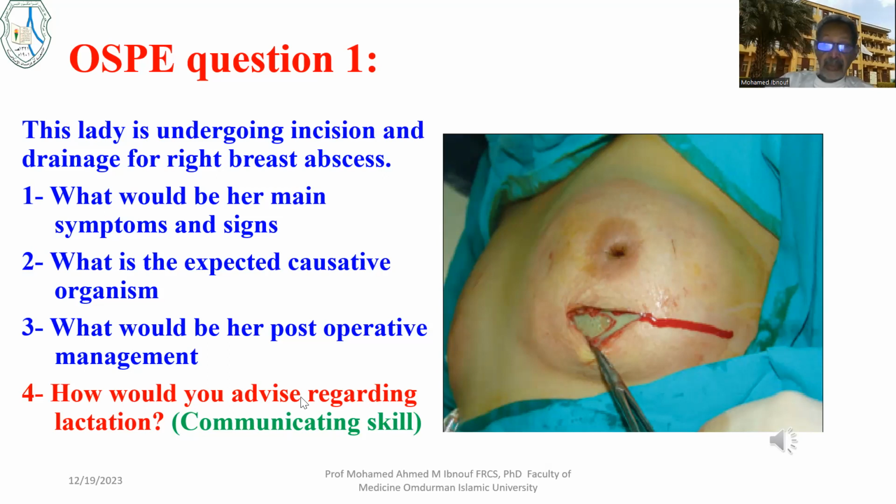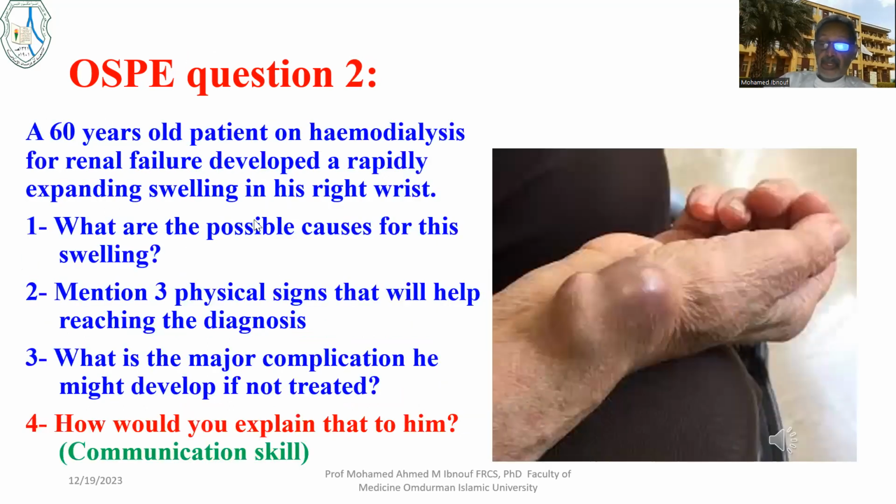It is rather difficult. And the second question is that this is a 60-year-old patient who is on hemodialysis for renal failure, and he developed a rapidly expanding swelling in the right wrist. What are the possible causes of this swelling?